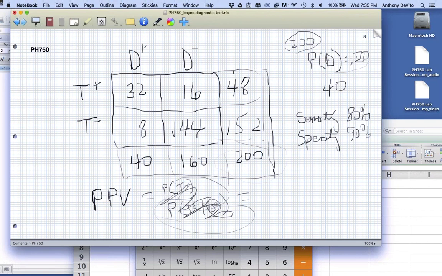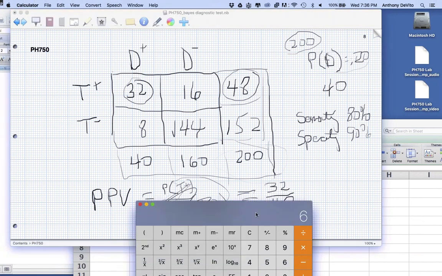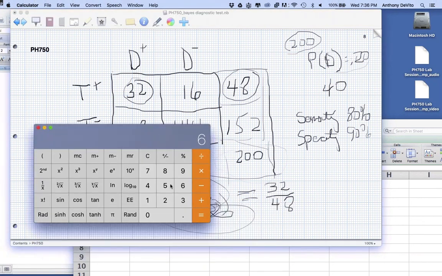So 48 people had a positive test. Out of those 48 people, only 32 actually had the disease. So the probability of any one of them having a nickel sensitivity is 32 over 48. So the positive predictive value of this particular test in this particular circumstance is going to be 32 divided by 48.